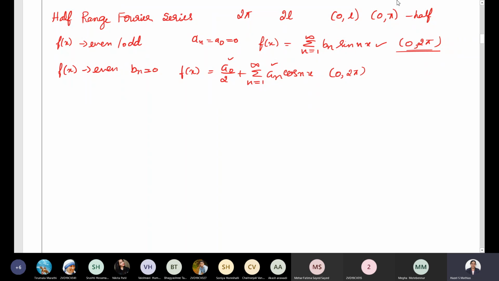When we need the Fourier cosine series, we use this formula to find the expansion which contains only cosine terms. Then we find the respective Fourier coefficients. We have also asked a few questions on finding half-range sine series and half-range cosine series, so let's discuss a few more examples in this class.